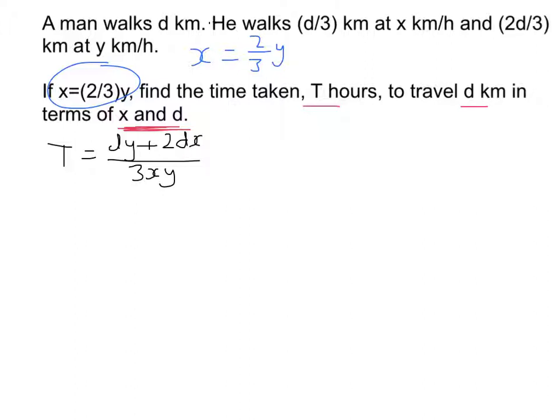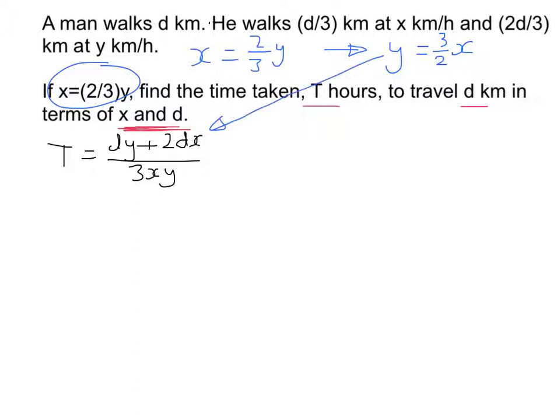If we multiply both sides of that by 3 and then divide both sides by 2, we end up getting y is equal to 3 over 2 x. That's just rearranging the first equation, timesing both sides by 3, dividing both sides by 2, and that's where we get that. This equation here is now going to be substituted into there.